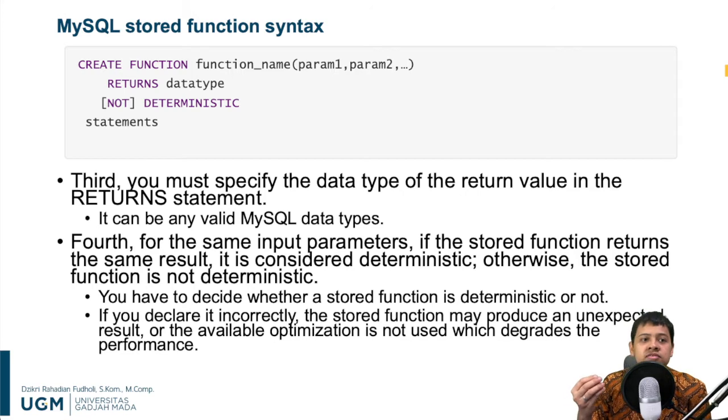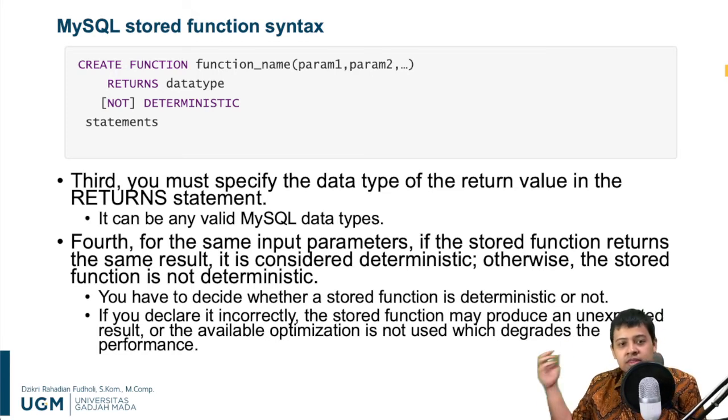For example, if the return value has a connection to other data in another table, and that data can change. For example, the time from now and then from then are different, so it will be a non-deterministic function. But if it's just an addition of parameter 1 and parameter 2, that's a deterministic type.